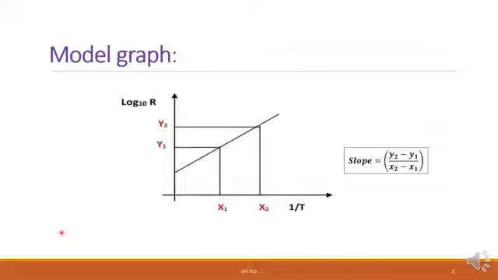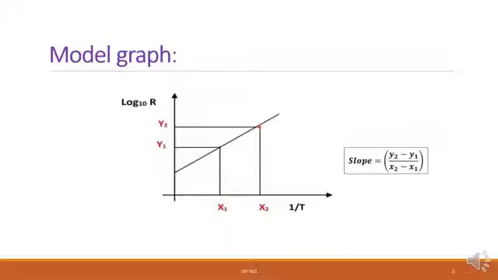Model graph. Now we draw a graph between 1 by T and log R values. We consider 1 by T values on the x-axis, log R values on the y-axis. Based on our 1 by T and log R values, we get a straight line here.